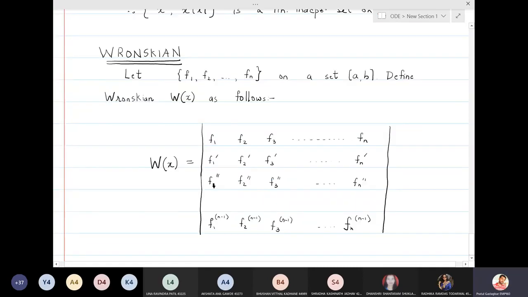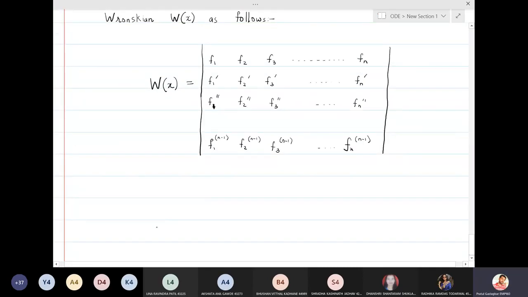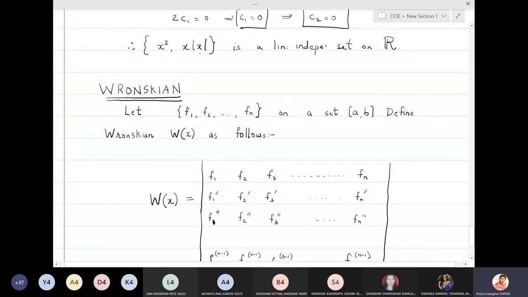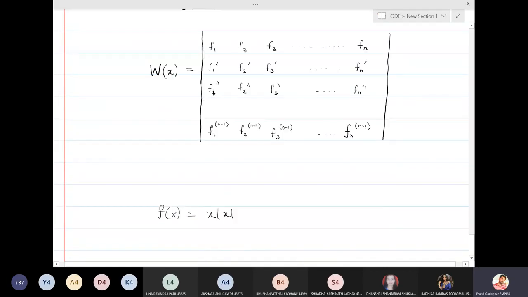For example, suppose I ask you f(x) is equal to x mod x, as we took above. Now we know that to find the derivative of x mod x, what I do is x into derivative of mod x plus mod x into derivative of x.